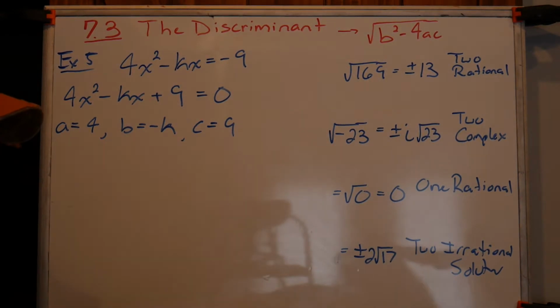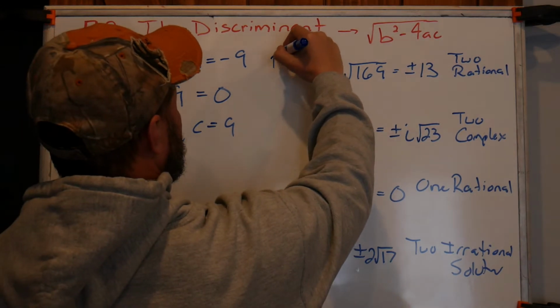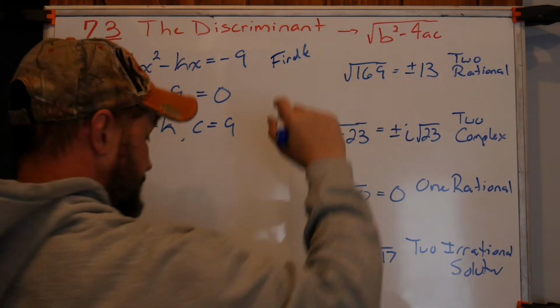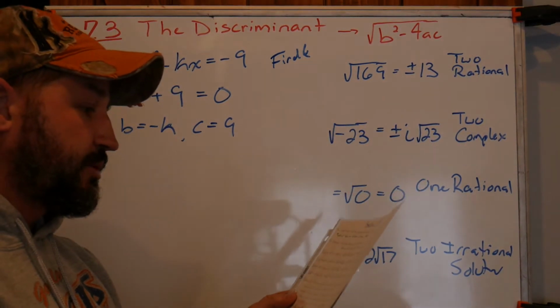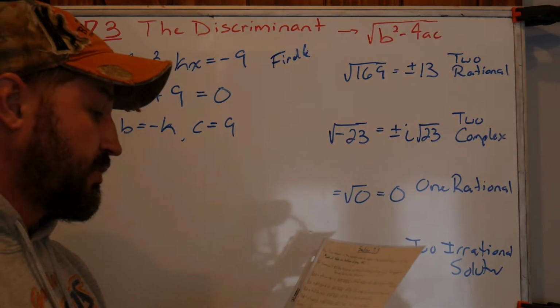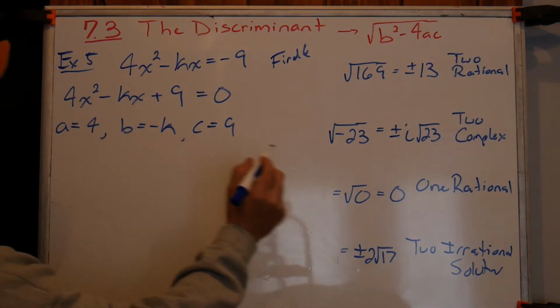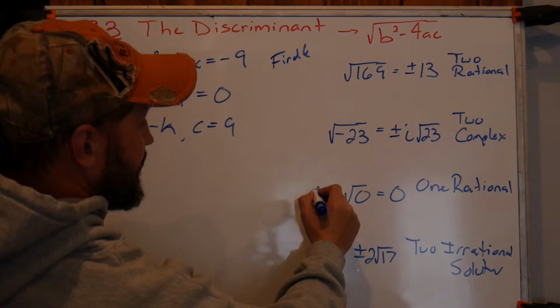Okay, so again, they want us to find an appropriate k so that the equation has exactly one rational solution. So for one rational solution, here's our key.